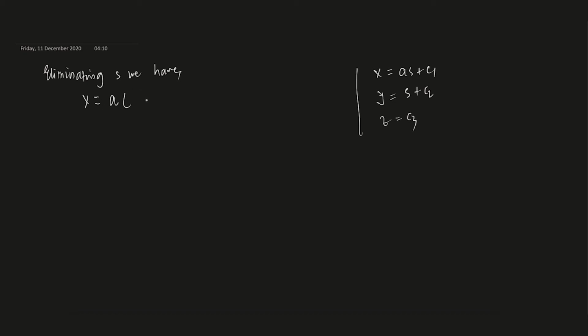So what is x? x is a times y minus c2, plus c1, right? Now if you write it properly, it gives you x minus a y equals some constant, let's say c4, right?